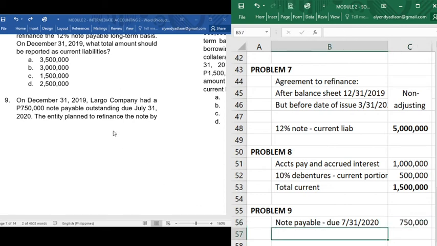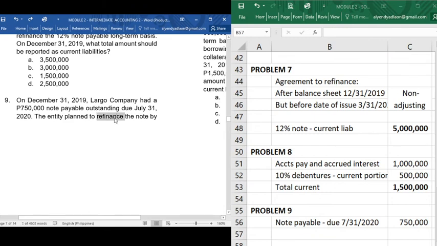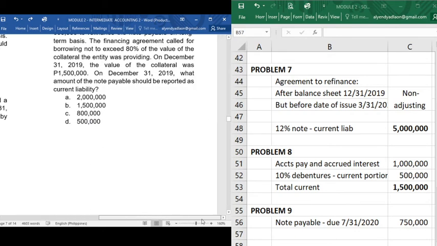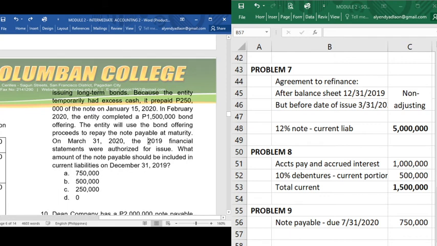750,000. The entity planned to refinance. Okay, so meaning, its right does not exist yet. They are only planning to refinance the note by issuing long-term bonds, changing it from short-term to long-term. Because the entity temporarily had excess cash, it prepaid 250,000 of the note on January 15, 2020.